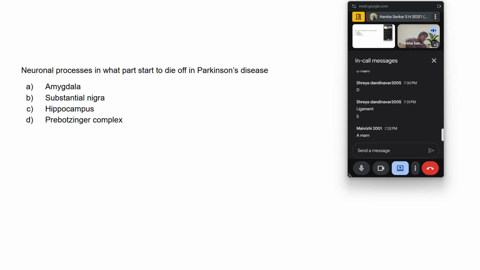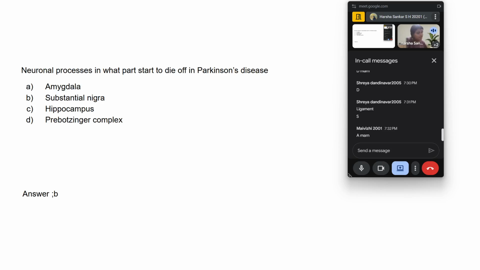So if it's a motor disorder, in which part of the brain must it be getting affected? The correct answer is substantia nigra, option B.